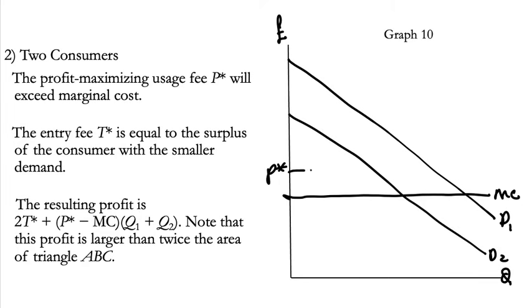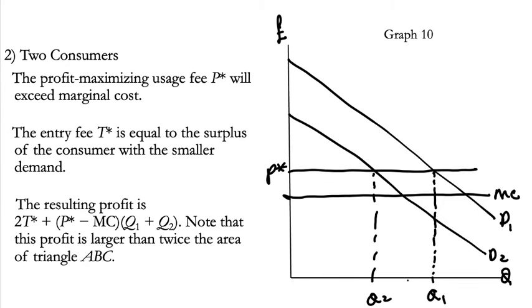Okay, so here. All right. Now, the usage fee is at P star. For consumer 1, where is the quantity consumed? P star and D1, isn't it? Which is here. Okay, Q1. Where is the amount consumed by consumer 2? P star intersects with D2, which is here.